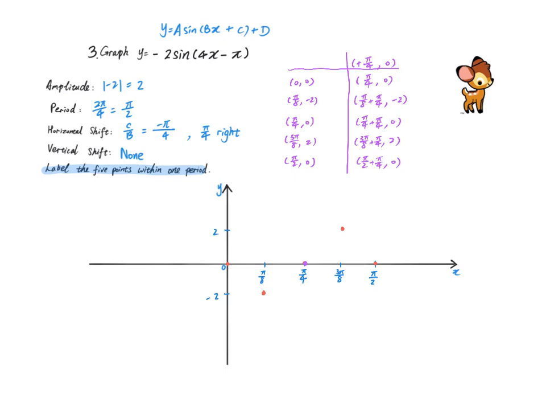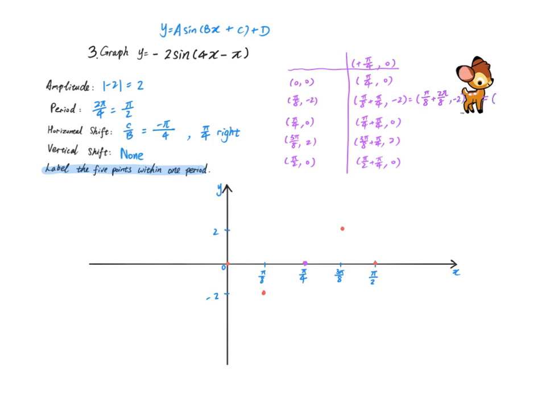Now we're going to look at the second point. Second point, we need to make sure to add this up. Pi over 8 plus pi over 4. The common denominator is 8. So I need to change pi over 4 to 2 pi over 8. And then the y value is negative 2.